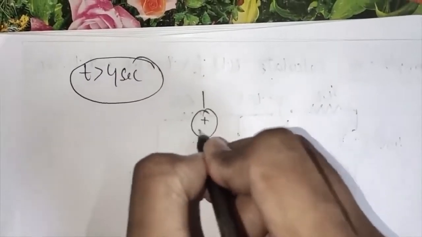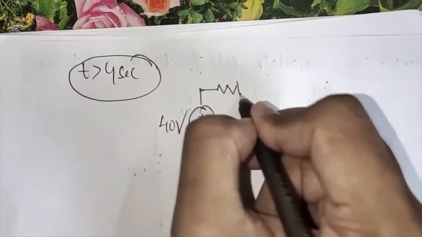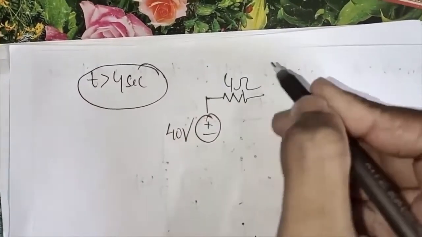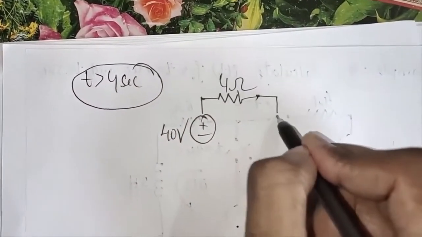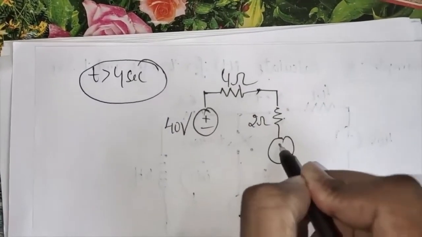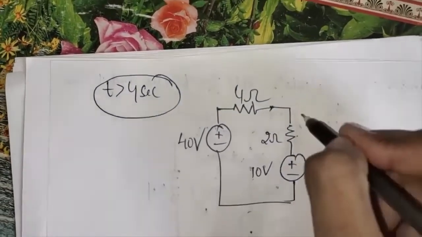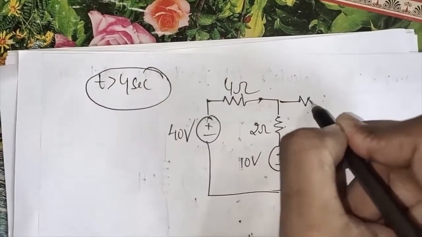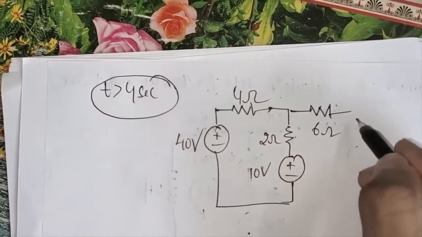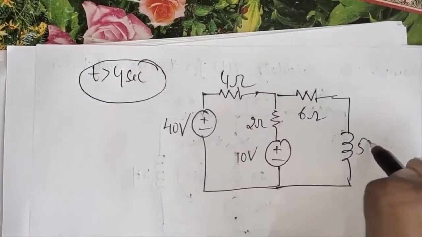We will have 40 volts in series with 4 ohms in series. So here you will have the parallel branch, 2 ohms in series with 10 volts. Again here we have a 6 ohm resistor and an inductor of value 5 henries.